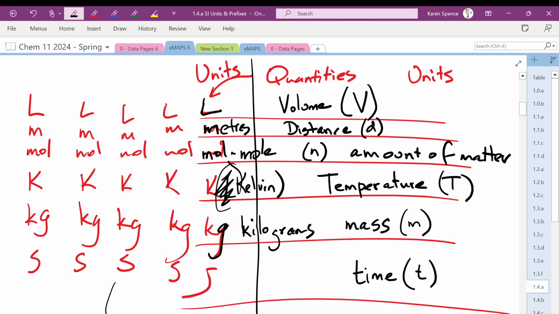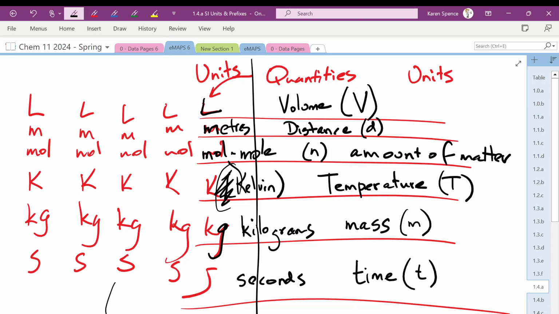And S is short for seconds. So if you know your liters, meters, moles, and Kelvin, kilograms and seconds, you can use that to help you fill in the rest of the table, okay?